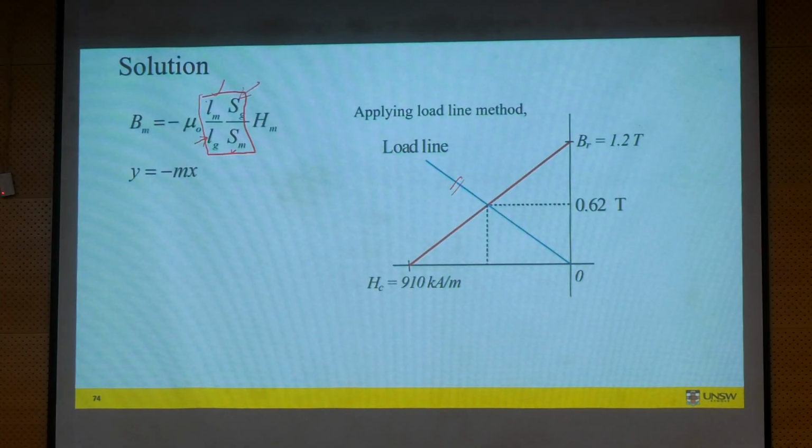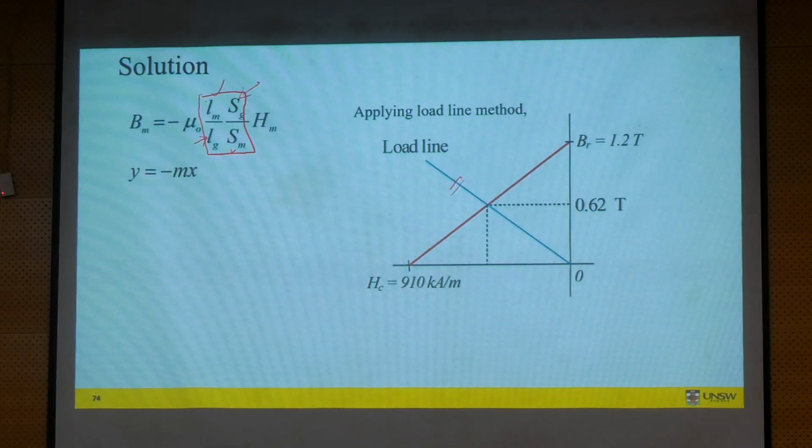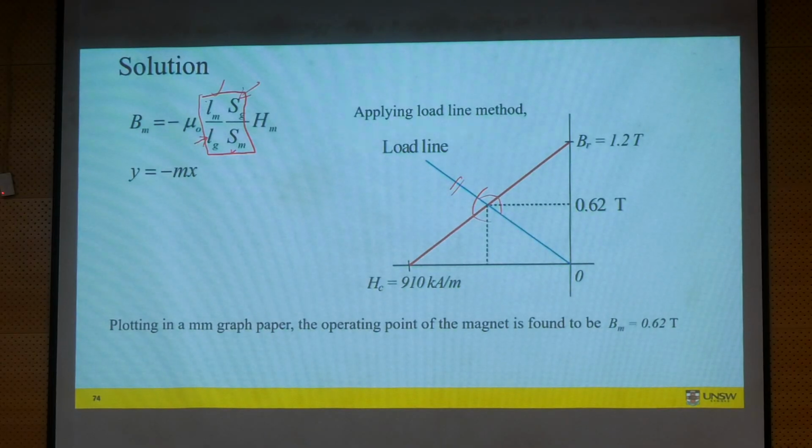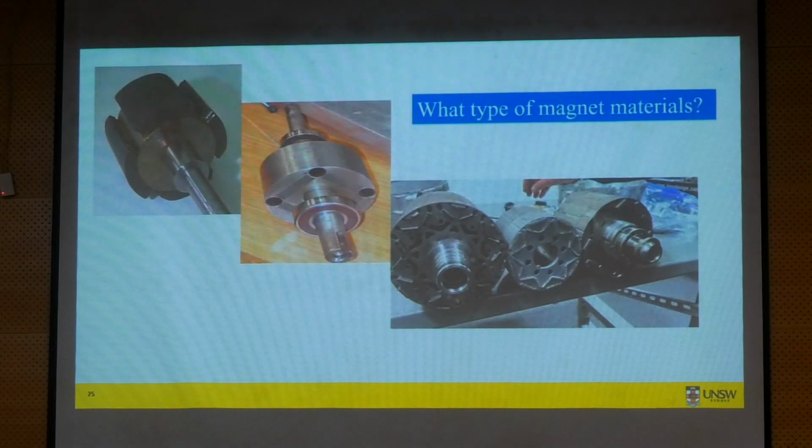So Lm and Sm could be considered as design variables to see where your load line moves. If you know your magnet width and cross-sectional area, you can see where this point is moving. All right, so let's move to the next part, the magnet material.